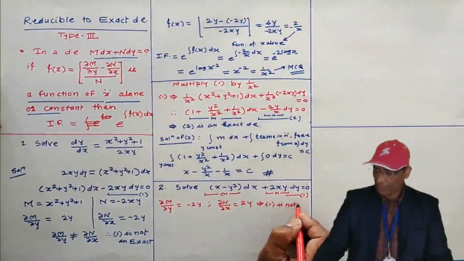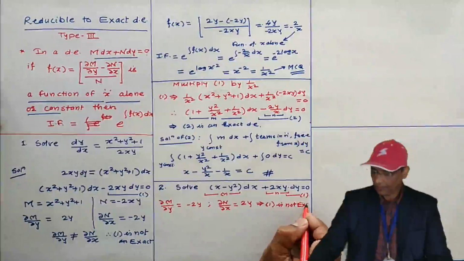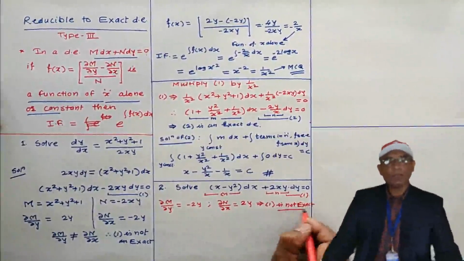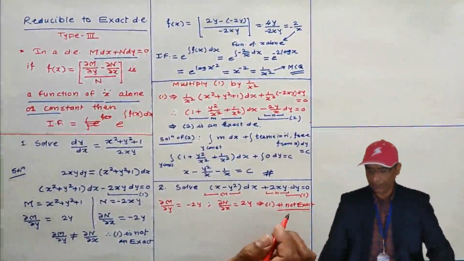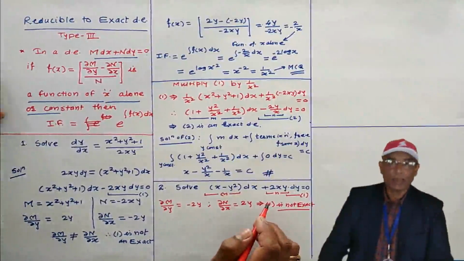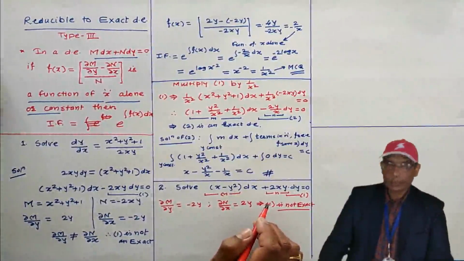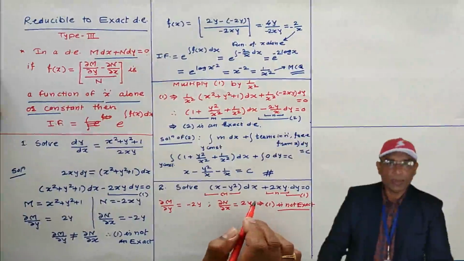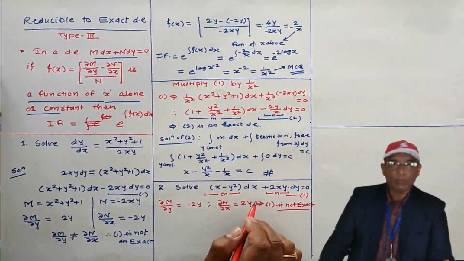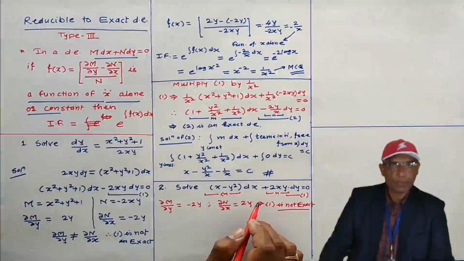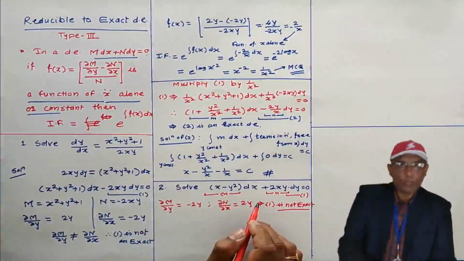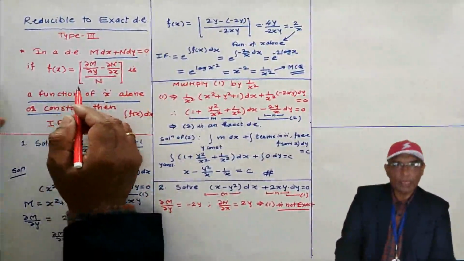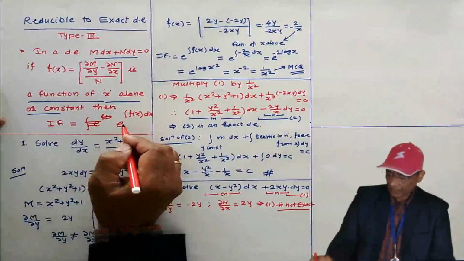If equation 1 is not an exact differential equation, then we can convert it into an exact differential equation using an integrating factor, that is, a multiplying factor. So we have the formula 1 by (mx plus ny) and 1 by (mx minus ny). Then there is also the formula e to the power integral f(x).